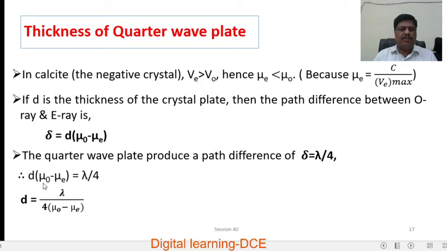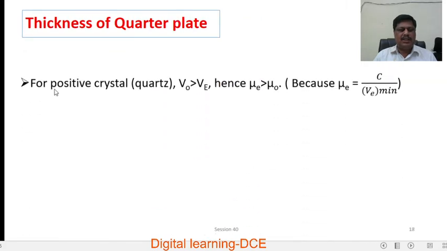Solving for the thickness, d is equal to lambda by 4 into mu o minus mu e, which is the equation for the thickness of the quarter wave plate in the case of a negative crystal like calcite.